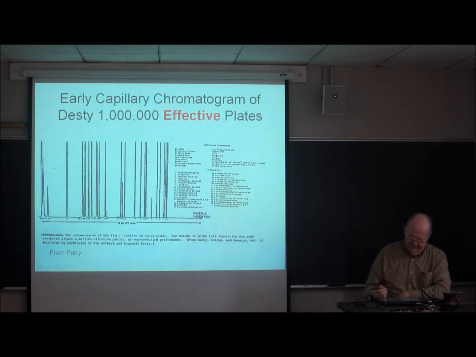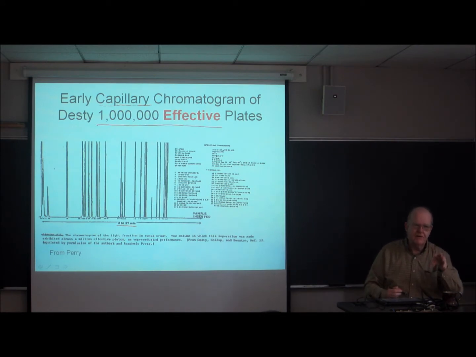This is about 1955. Raymond Dessty, at, I think it was the Dutch oil company, Royal Dutch Shell in Britain laboratory, set up one of the very first capillary GC columns, and in 3 hours and 27 minutes he generated 1 million effective plates.